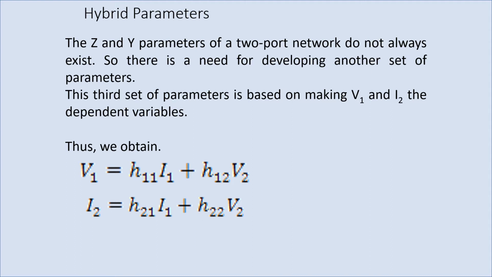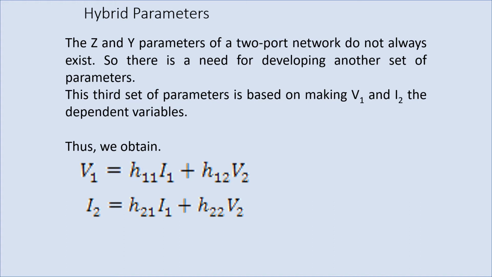We have admittance, impedance, current, and voltage ratio all mixed in hybrid parameter. So there are different ratios, so there's no specific unit, just like we have ohms for impedance parameter and Siemens for admittance parameter. So there is no specific unit for hybrid parameter because it's a hybrid combination of different parameters.